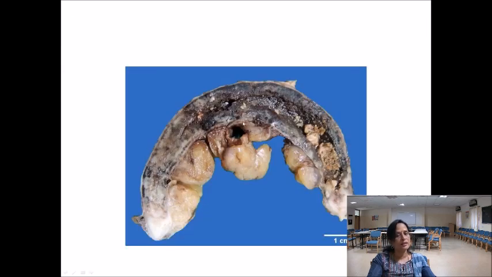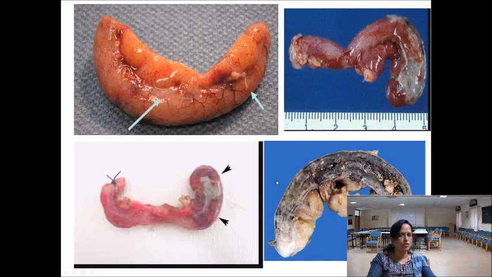So this is another longitudinal cut section. We can make out some concretions here. So these are the fecal concretions, and this is why the entire specimen has turned blackish. So this is a gangrenous appendicitis, a complication of acute appendicitis. If you can see all this, you can make out that these are in different stages of inflammation.